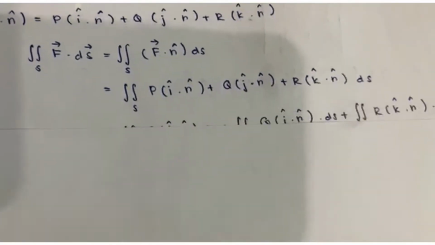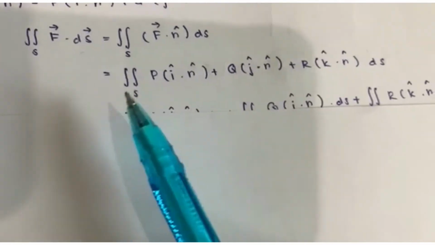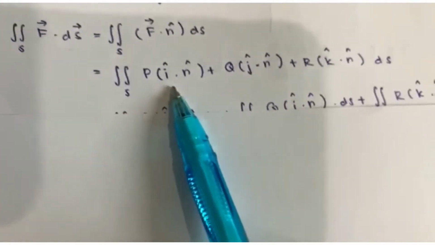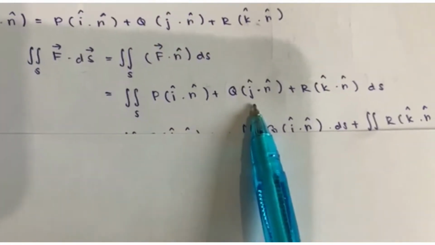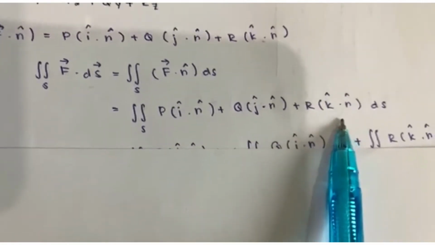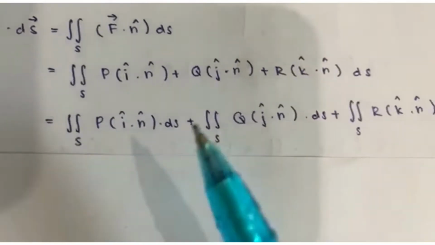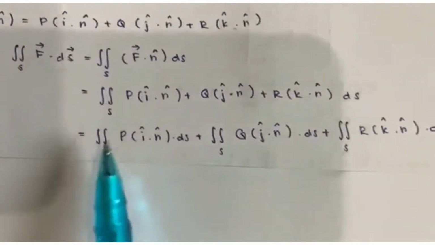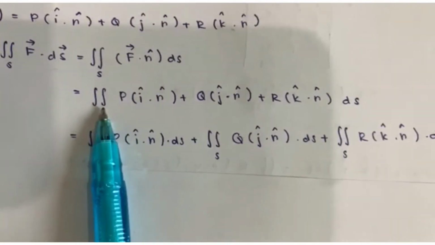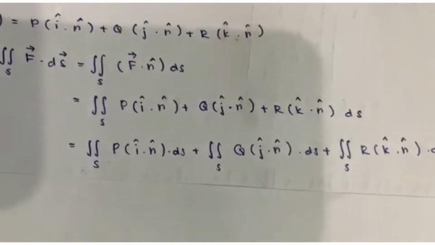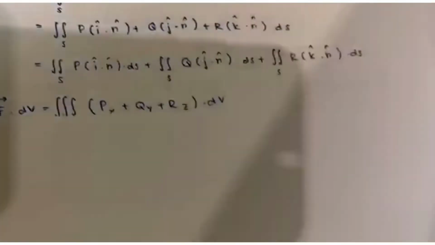So we get the double integral over S of (P i dot n plus Q j dot n plus R k dot n) dS, and then we simply expand the double integral.